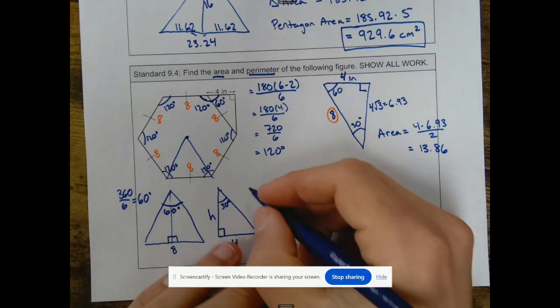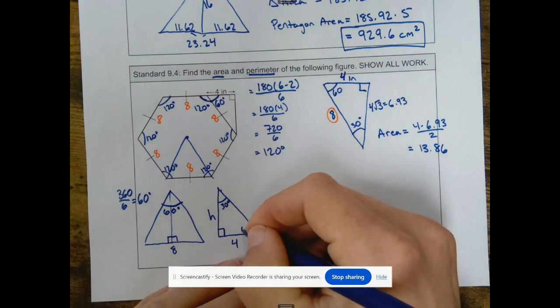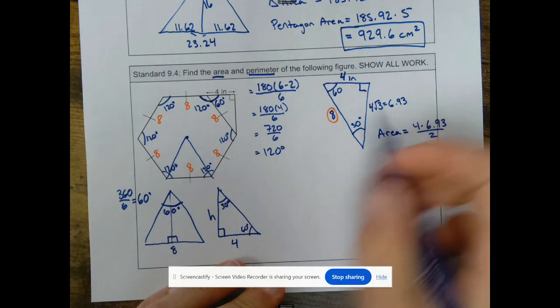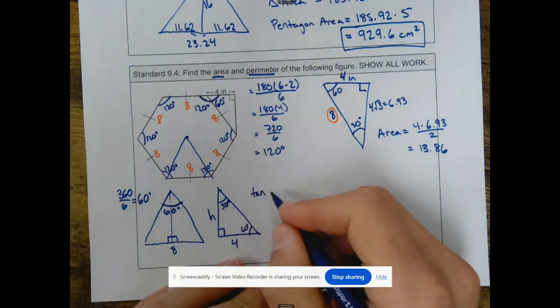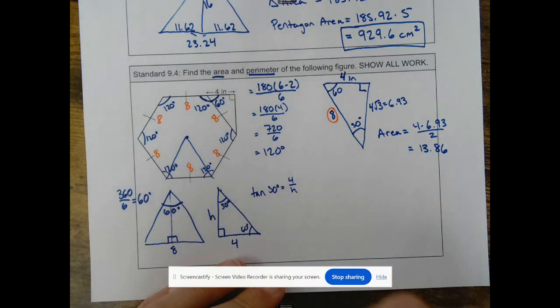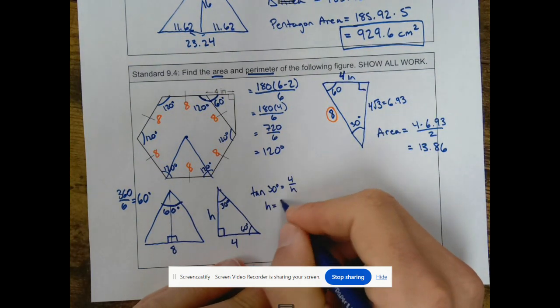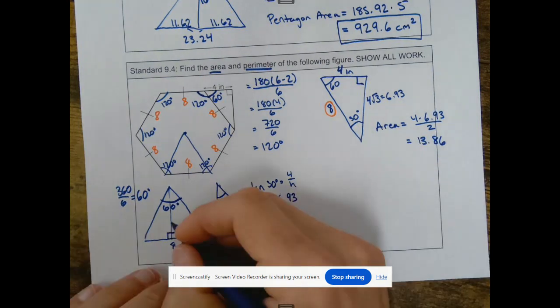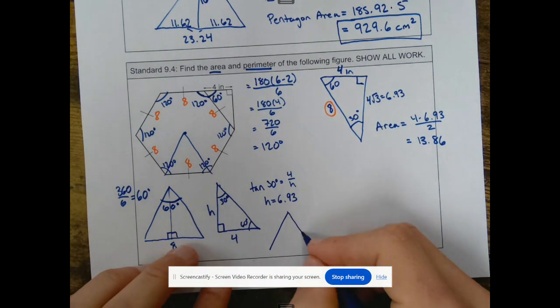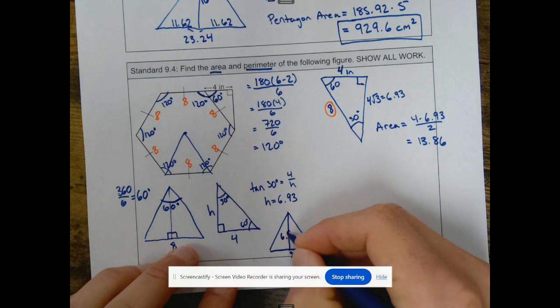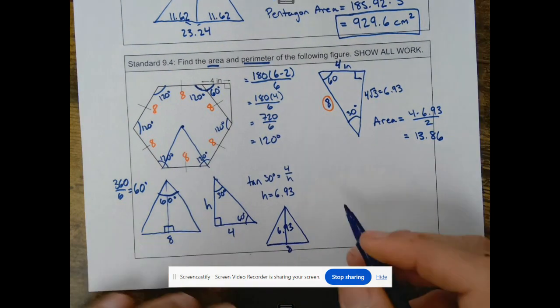Turns out, you can either recognize with special right triangles that that's the same 4 root 3, or 6.93, or you could use tangent. Tangent of 30 degrees equals 4 over h. Either way, you're going to find that h equals 6.93 as well. So back in our hexagon, we've got 8 and 6.93. Find the area of that triangle.